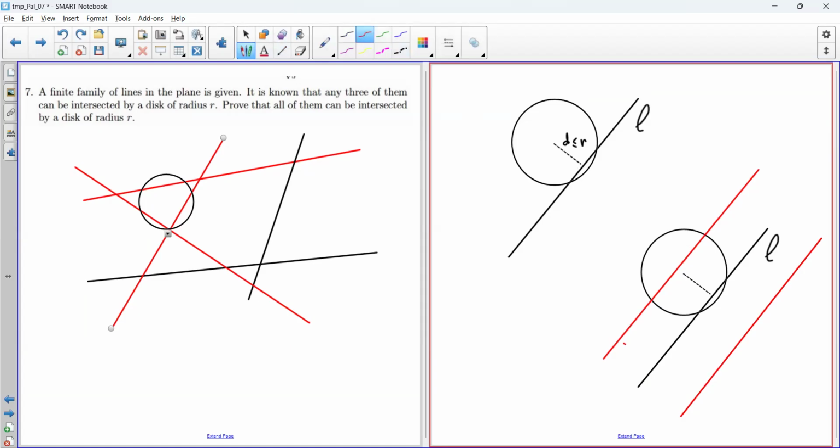We take r to this side, r to this side, and instead of the entire circle, we consider only its center.